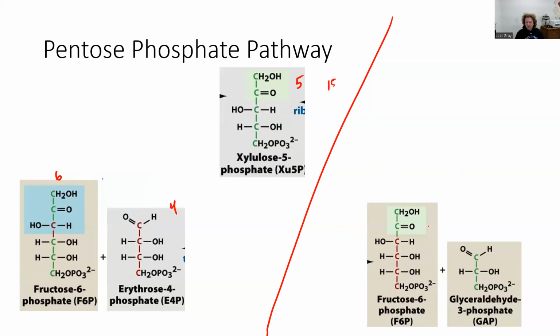Then move on to the right-hand side. We said fructose 6-phosphate, 6 carbons. Glyceraldehyde 3-phosphate, 3 carbons, 9. Well, where did the other 6 carbons go?